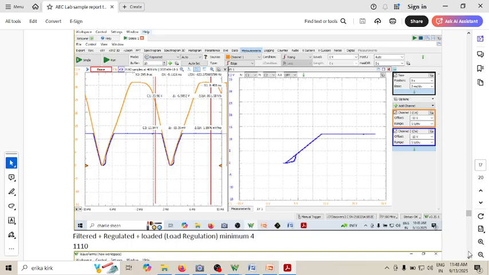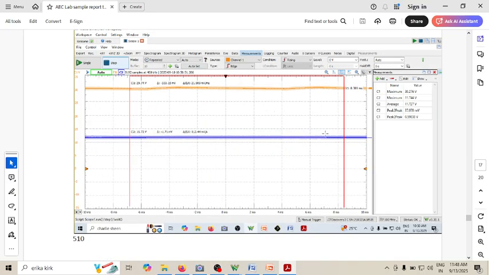Now again I have done a similar type of regulation here. Again, you remove the capacitor, then the input varies linearly and then becomes constant. The minimum voltage required to keep it constant is around 17 or 17.5 volts. Then comes the load regulation. Can you see I'm changing the load from 1110 to 510?